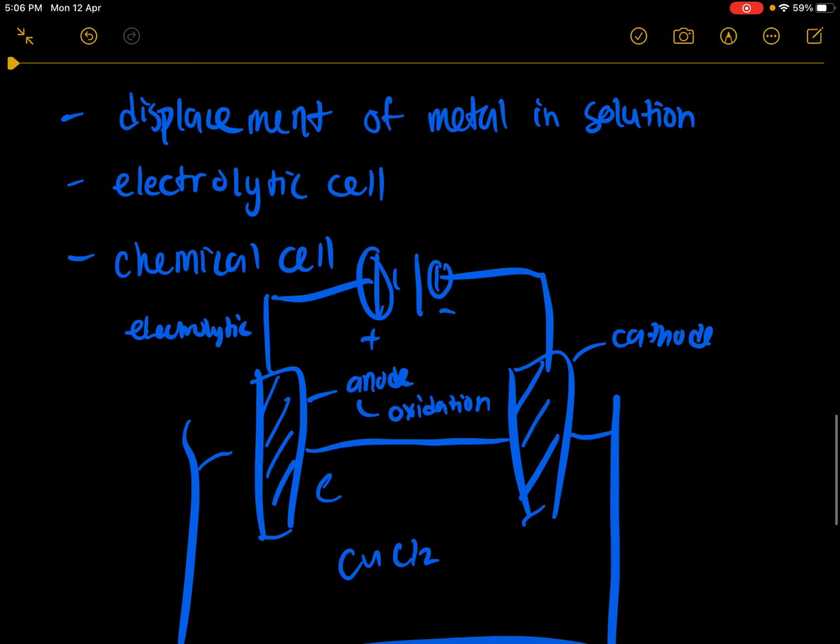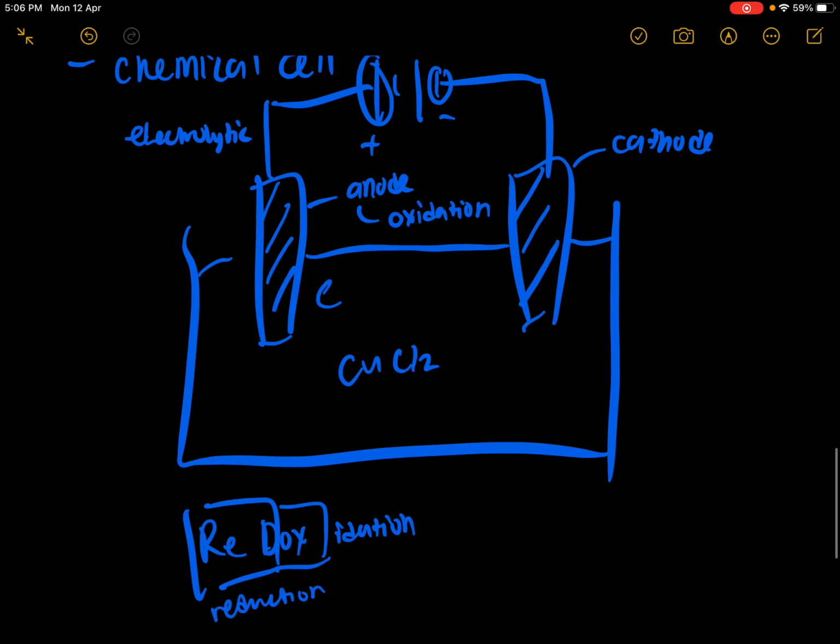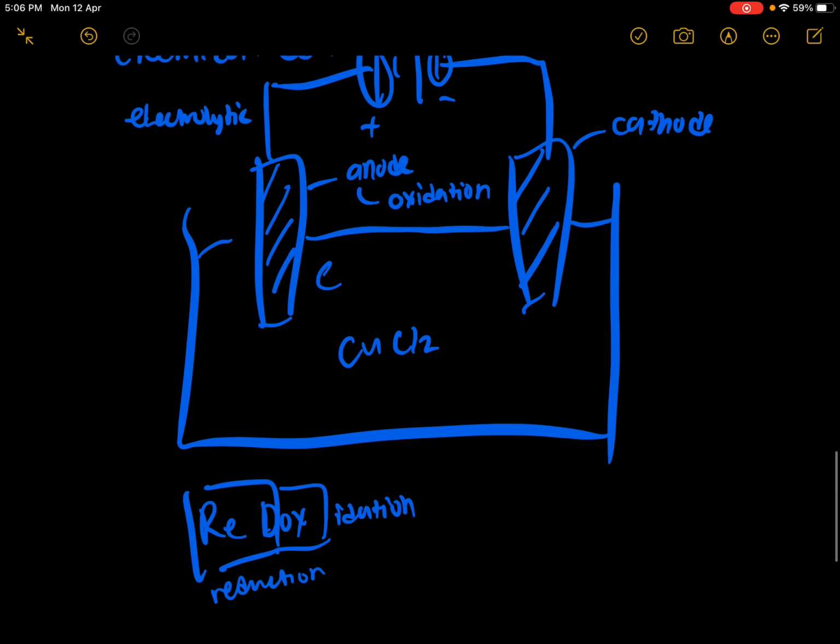So since electrolysis involves oxidation and reduction, it is also a redox reaction. But that's going a bit off topic. Oxidation is always going to happen at the anode, and reduction is always going to happen at the cathode.